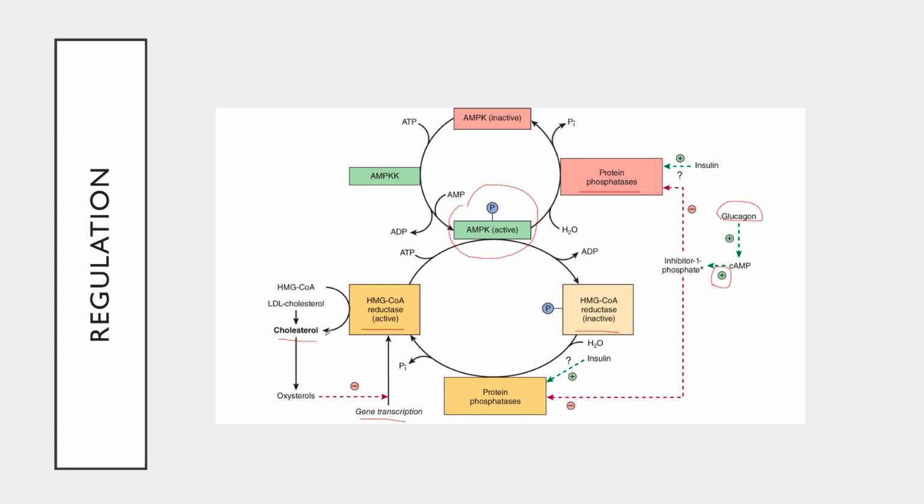High levels of intracellular cholesterol can also target the enzyme HMG-CoA reductase for degradation. So again, the enzyme HMG-CoA reductase is regulated through allosteric inhibition, through phosphorylation, it's regulated by degradation, and it's regulated at the level of gene transcription.